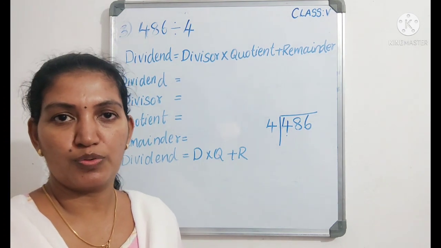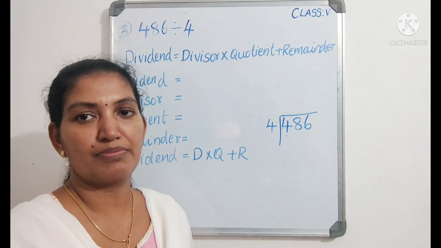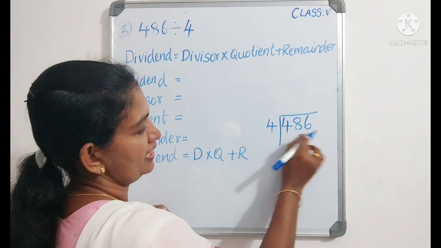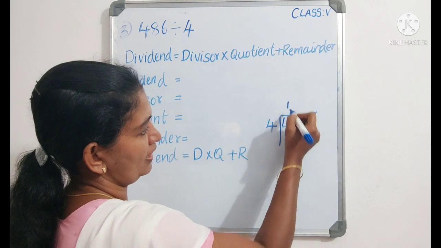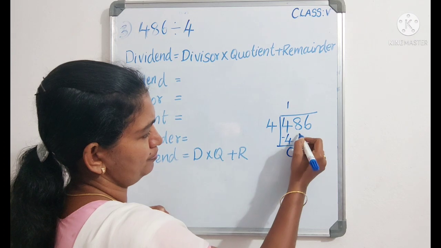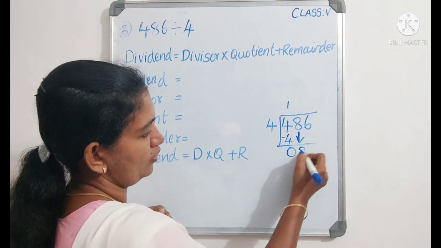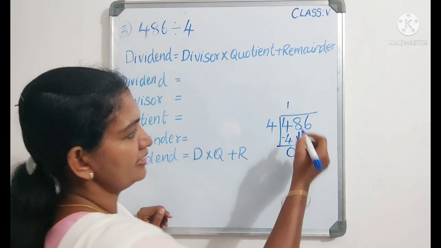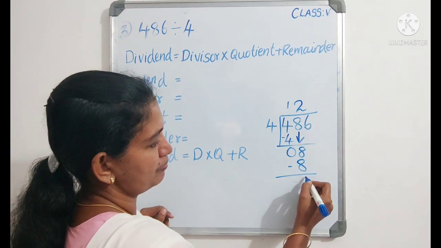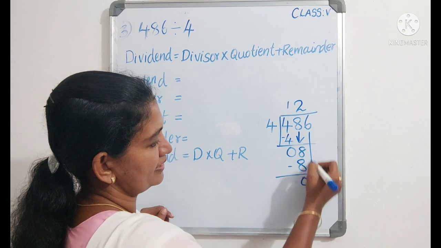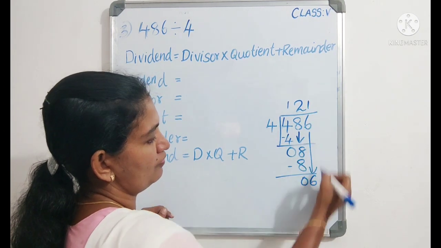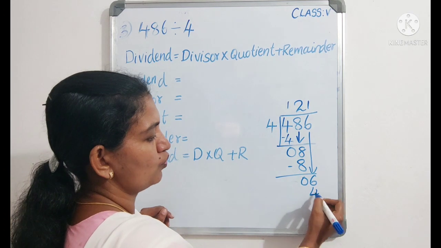Next question: 486 divided by 4. One time, 1 into 4 is 4. Then subtract, 0. Next digit, bring down 8. Then 2 4s are 8. Again subtract, 0. Then next digit 6. Then one time, 1 into 4 is 4.